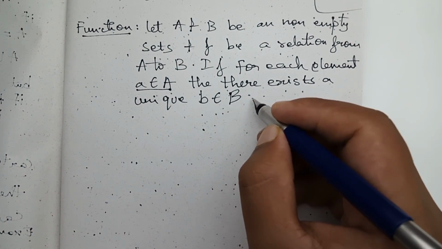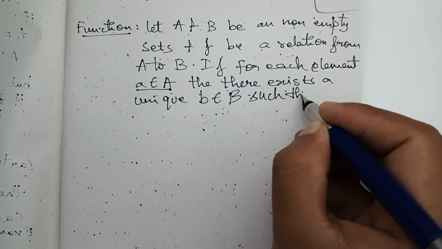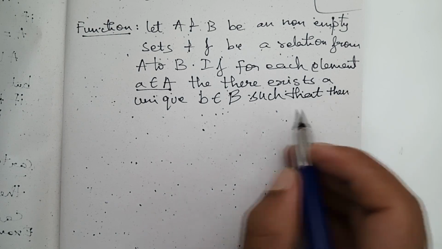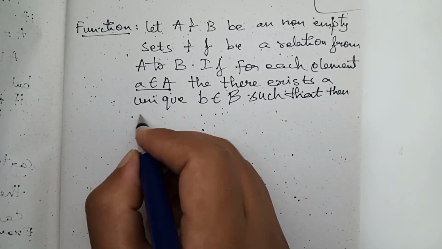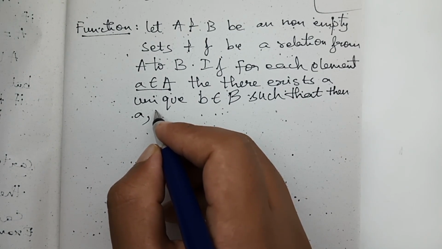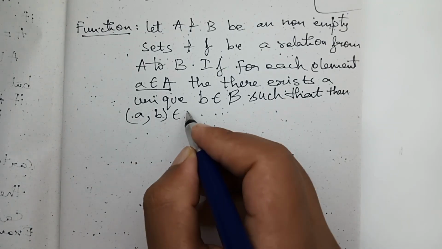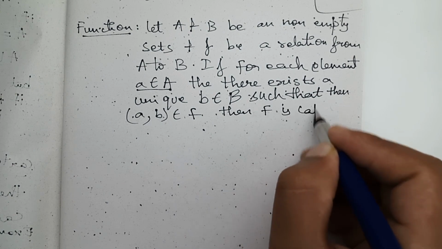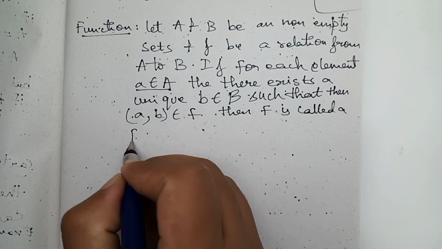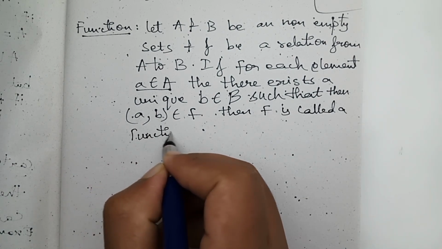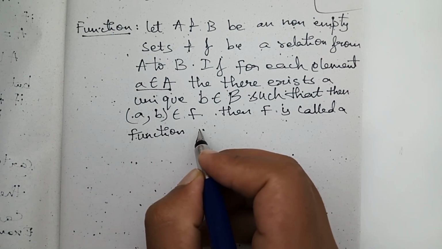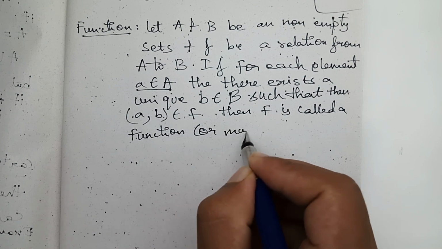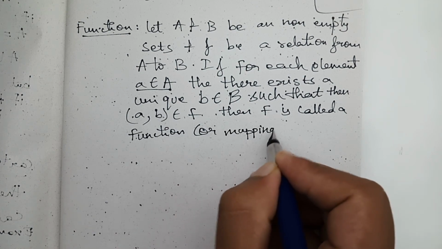such that the pair (a, b) belongs to F. Then F is called a function. Or we can call function a mapping also.